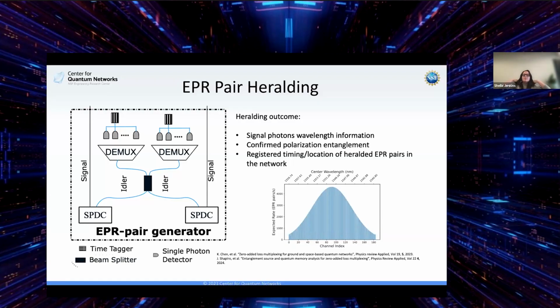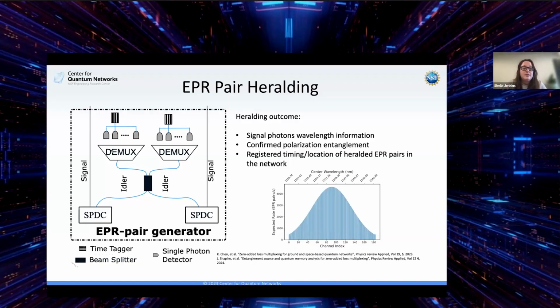So we have our two SPDC sources, and if they both output EPR pairs at the same time, we mix them on this 50-50 beam splitter, the black box right here. Now it is indistinguishable which photon is coming from which SPDC source.